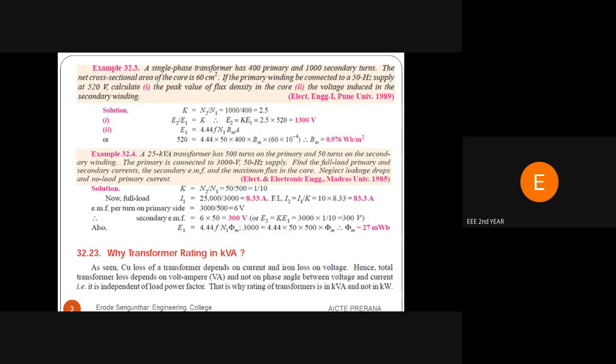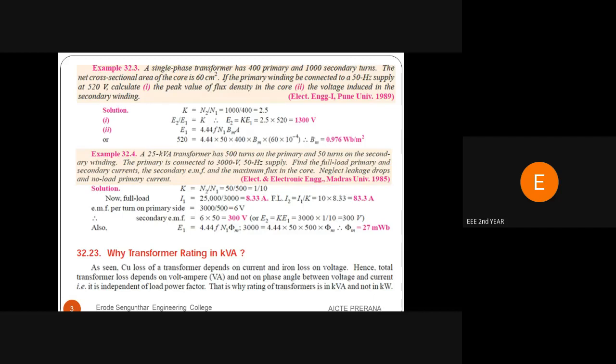We substitute 2.5 as the transformation ratio K multiplied by 520, the supply voltage V1, which is equivalent to the induced EMF E1. So we get E2 equal to 1300 volts, that is the secondary induced EMF. So the voltage induced in the secondary winding is equal to 1300 volts.